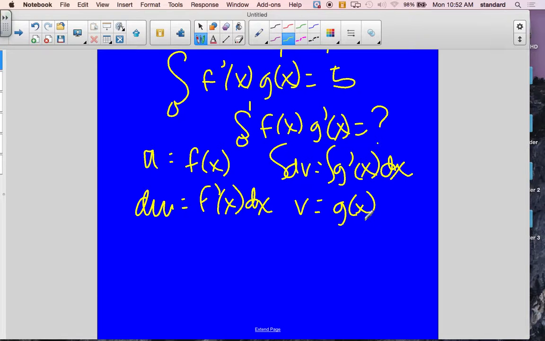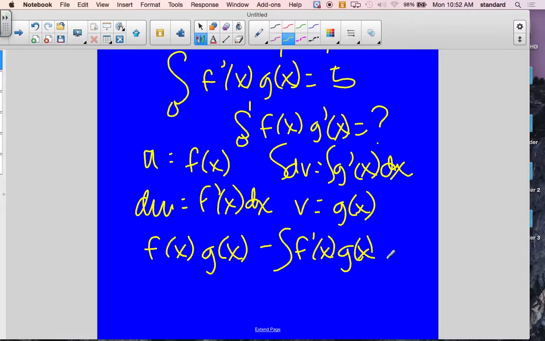Yeah. All right, so then when you put it together, you have uv minus the integral of f prime of x g of x dx. So you have uv minus the integral of v du. This is so interesting as opposed to the way I was thinking about it. A lot of times we need a reaction like that, okay?